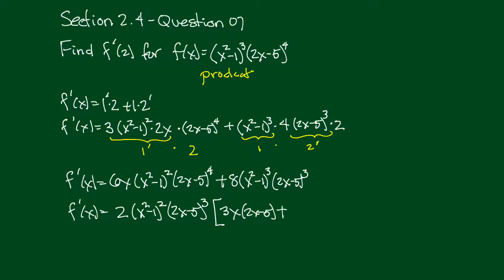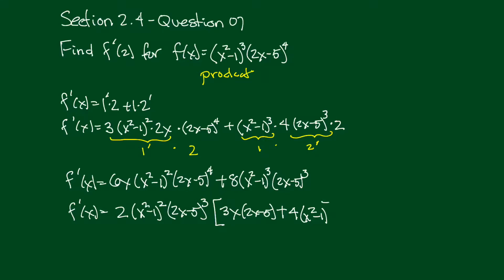And plus, now what did we do here? There was an 8. We took out a 2, so there's a 4 left. And then, what did we have? We had 3 of these x squared minus 1s, and we took out 2. So there's an x squared minus 1 left. And we had 3 of these 2x minus 5s, and we took all 3 out.